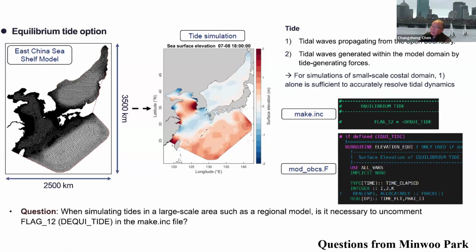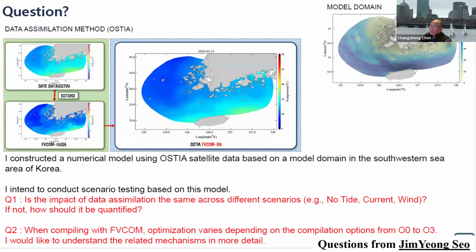Okay, so next one. We don't have much time, and the next one is a very good question. You asked how important data assimilation is when running different kinds of scenarios. It usually depends on what you want to do. First, you don't want to use data assimilation all the time to get a solution that matches your observation.